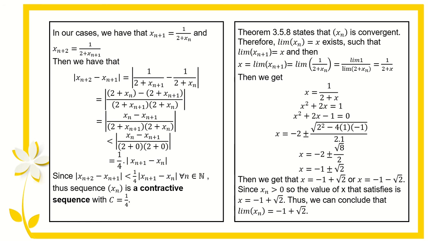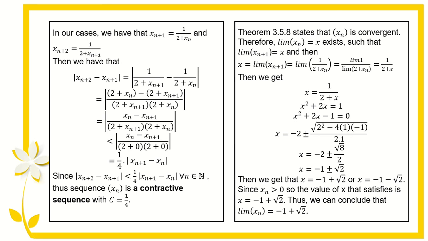Therefore, we have limit xn equal to x, such that limit xn plus 1 equal to x. Then we have x equal to limit xn plus 1. We have that xn plus 1 is 1 over 2 plus xn, so we have limit 1 over 2 plus xn equal to 1 over limit 2 plus xn.